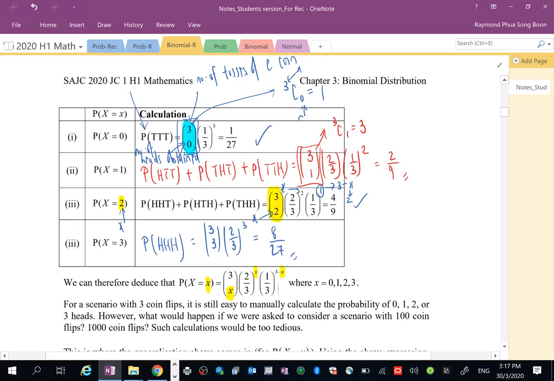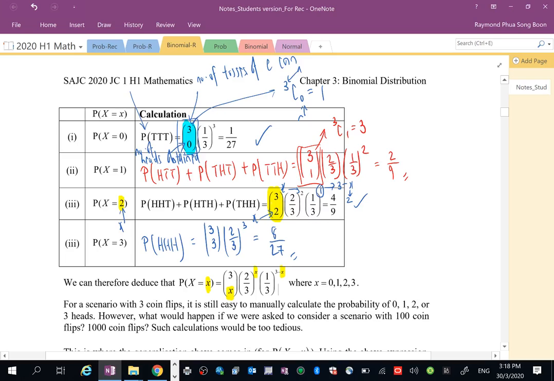Small x will be the number of heads in 3 tosses of the coin. In this scenario with only 3 tosses, it is still easy to manually calculate the probability of X equals 0, 1, 2, or 3.